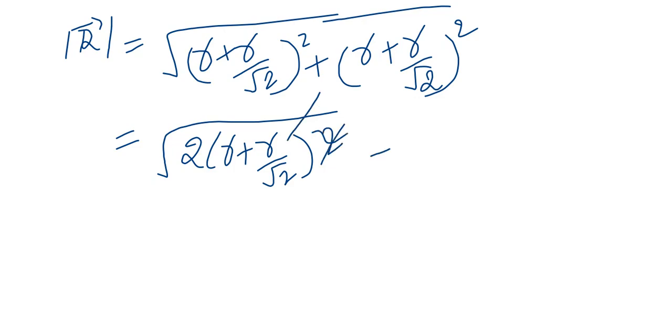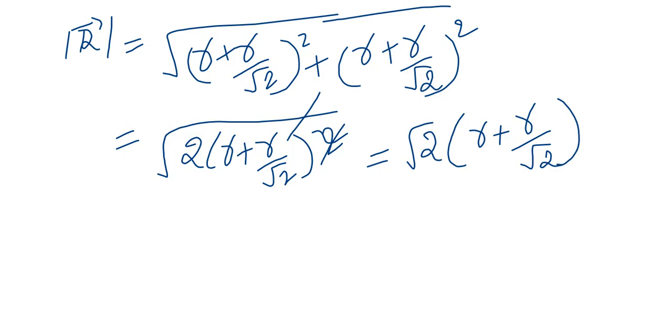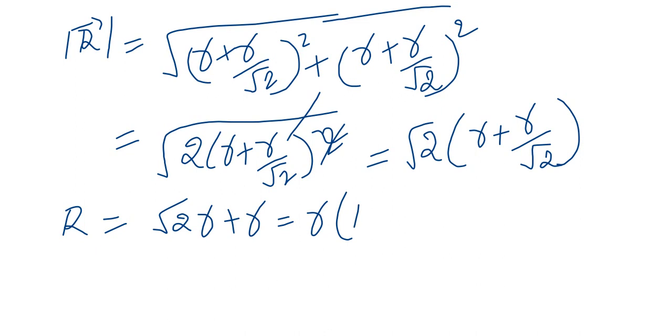Root 2 cancels, so root 2 into R plus R by 2, that is root 2 R plus R, that is R into 1 plus root 2.